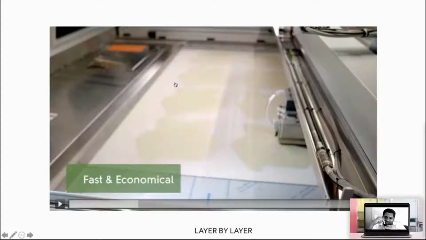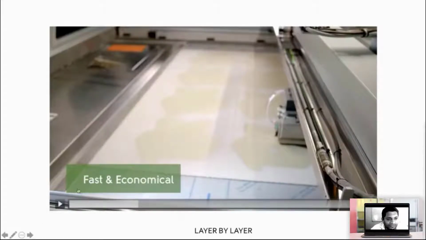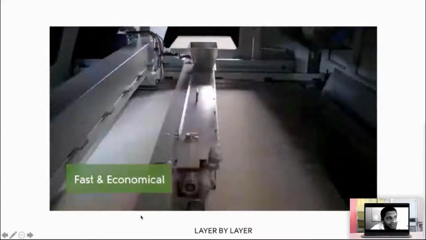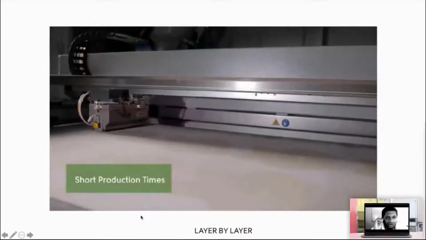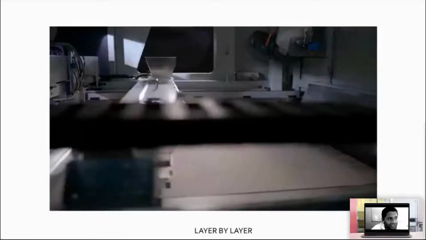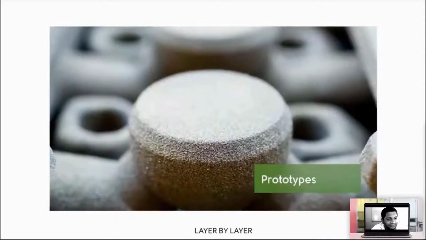Then I selectively place glue above the powder. When I selectively place glue on the powder, it is going to cure and become strong. So that selected powder will create a shape and it will create a model. If you can see here, this printer head is moving and putting the glue inside the powder. And then we can create prototypes very immediately.